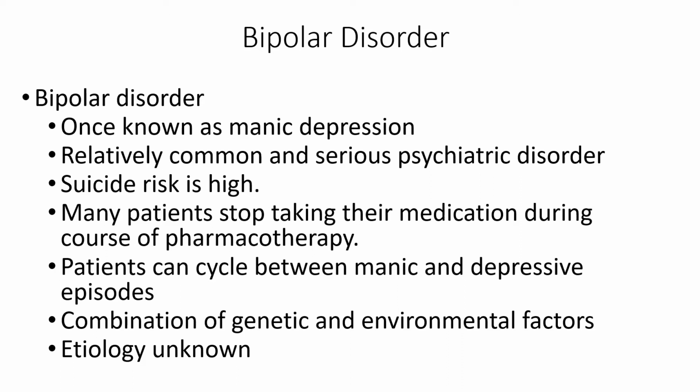So some patients can be rapid cyclers, other patients don't cycle as quickly. We don't really know the underlying cause. We think it's related to neurotransmitters in the brain. There's definitely a genetic component to bipolar disorder. So there's an inherited aspect to it. And also there's environmental factors that we think are responsible for the illness.